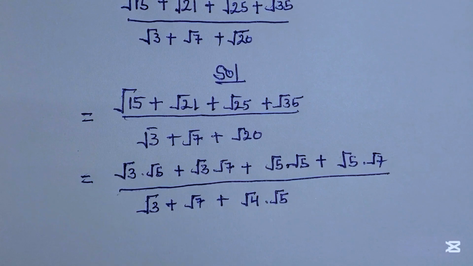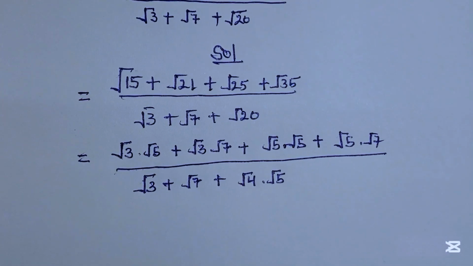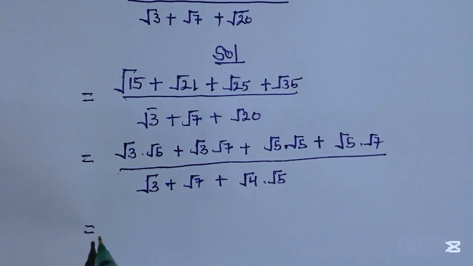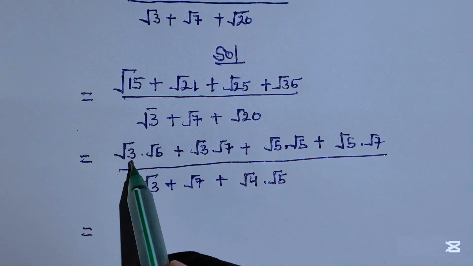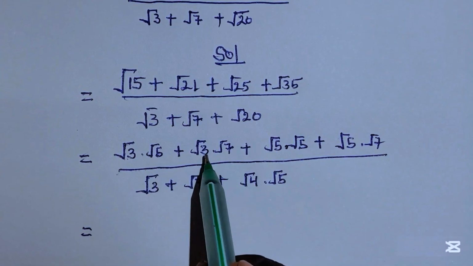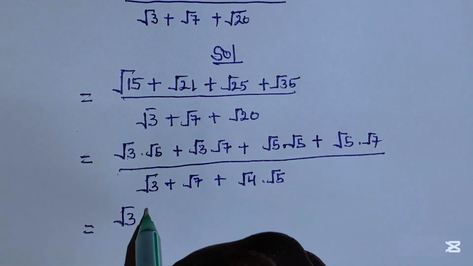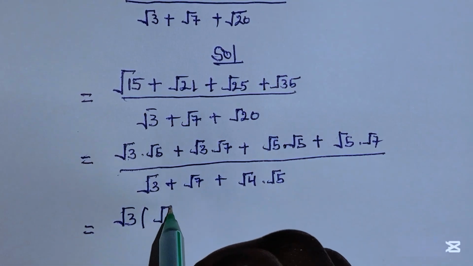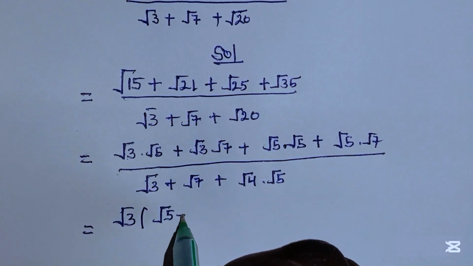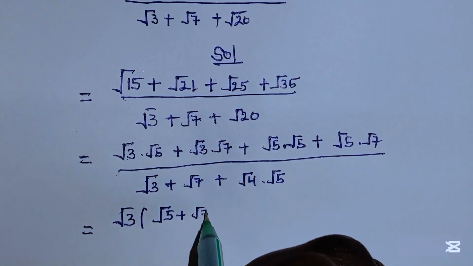Then after, we can say this is equal to, here we have square root of 3 and square root of 3. We can factor out square root of 3 times square root of 5 plus square root of 7.